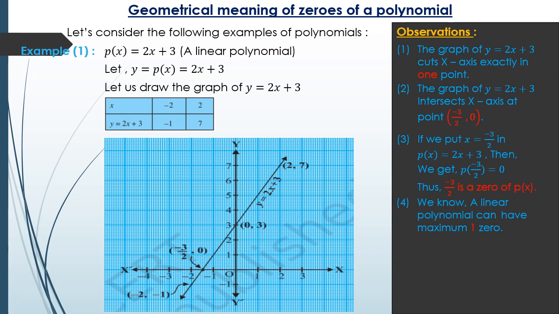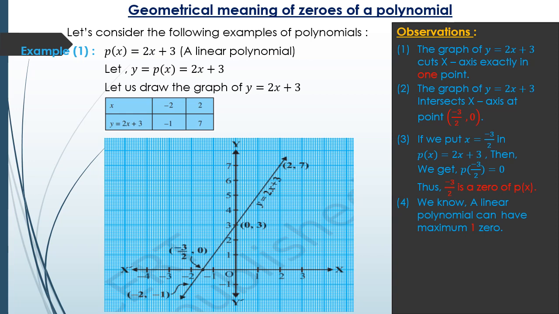Now the degree of a linear polynomial is 1. That's why it can have maximum 1 zero. Now after combining these four observations, we are going to write a very important note.